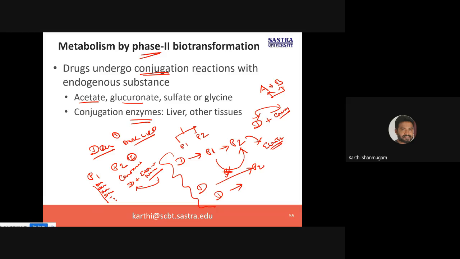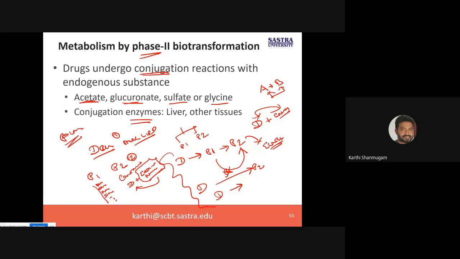So what are the endogenous molecules very frequently used for this conjugation reaction? The cell uses the acetate molecule, the glucuronate molecule, the sulfate molecule, and the glycine molecule. Acetate, glucuronate and sulfate are considered highly polar in nature.